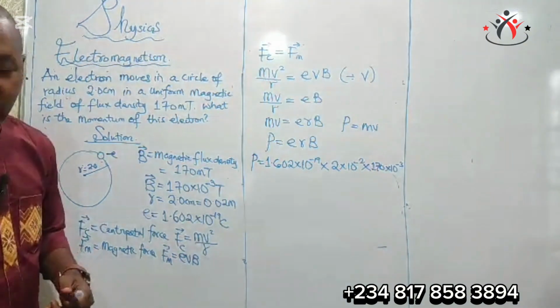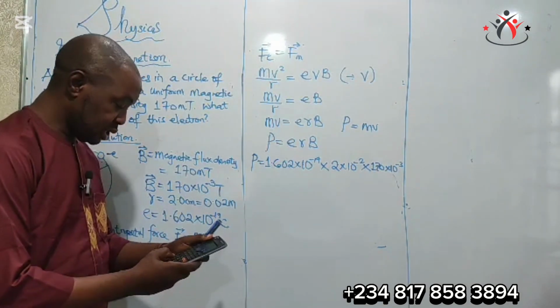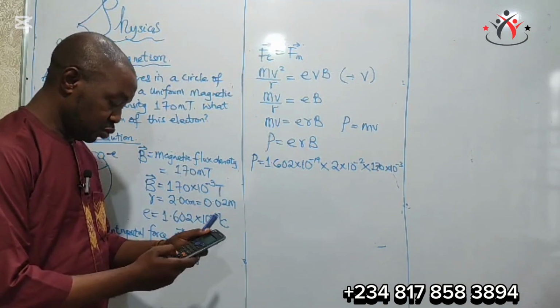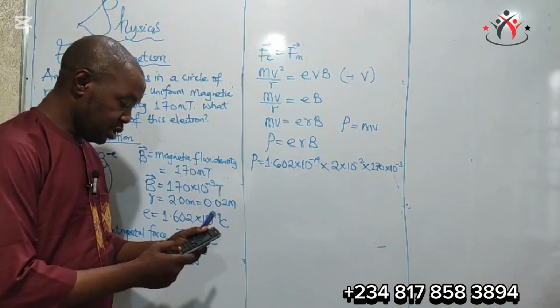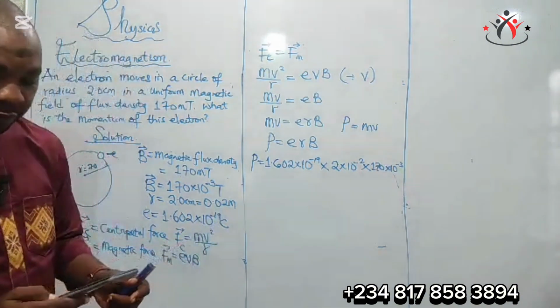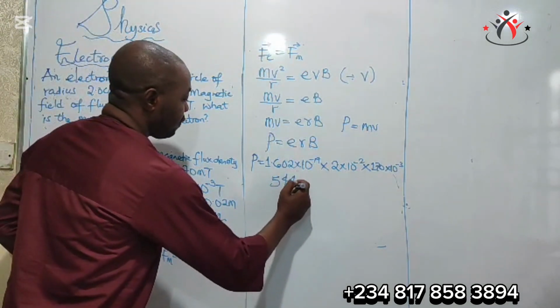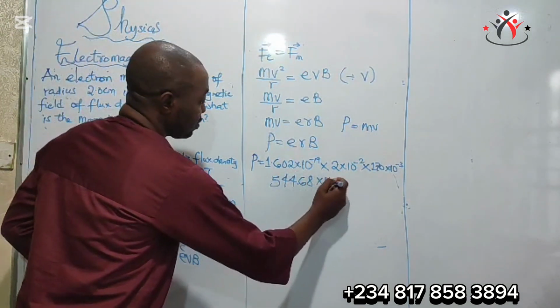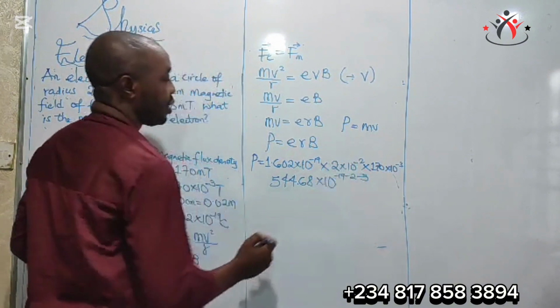Now let's get it: when we multiply 1.602 by 2, then multiply by 170, that would be 544.68. That will be 544.68 multiplied by 10 to the negative 19 minus 2, then minus 3.